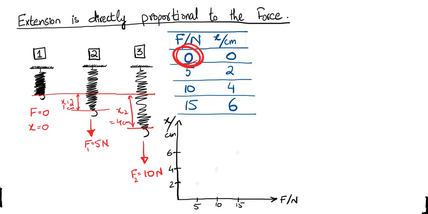So when the force is 0, the extension is 0. So first point is 0, 0, that is the origin, this point. When the force is 0, the extension is 0.